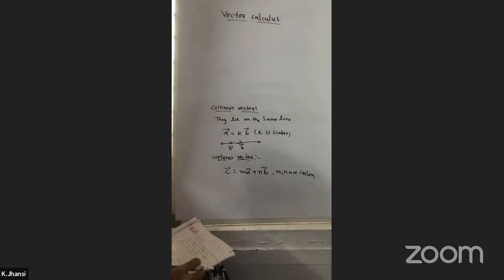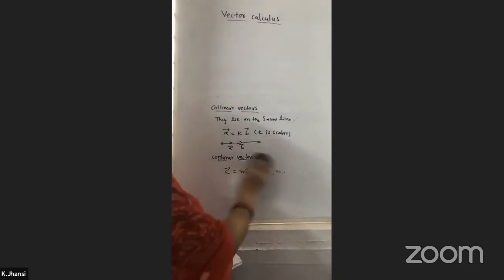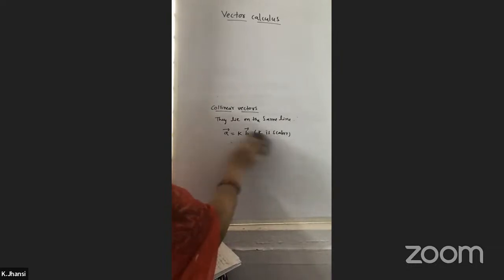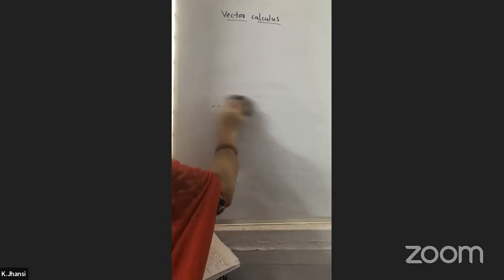Okay. So you'll get problems like this. If vector A, vector B, vector C are non-coplanar vectors, then show that the three given points are collinear. So we'll see one example on collinear vectors and also coplanar vectors.